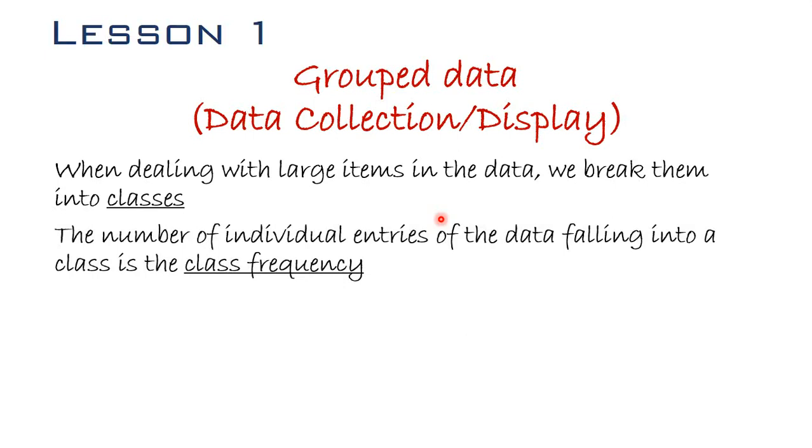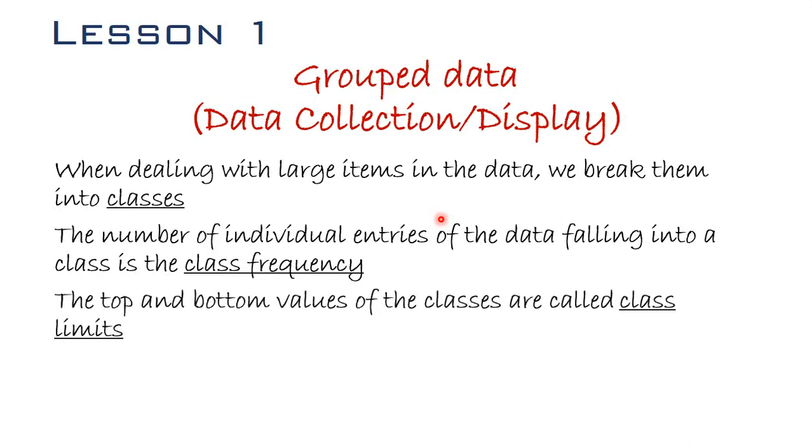And the top and bottom values of the classes are called the class limits. The top value is the upper class limit, and the bottom value is the lower class limit.